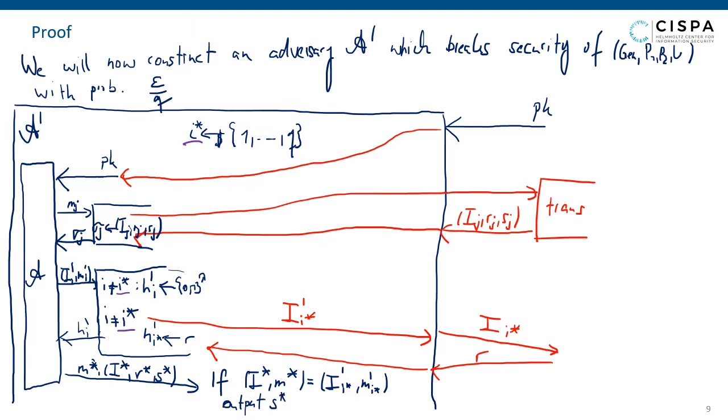Otherwise, bot. So in the last message comes out either S asked or bot. Okay, so this concludes the description of our adversary A prime. Next, let's analyze its advantage or its success probability in breaking the security of the identification protocol Gen, P1, P2, V.